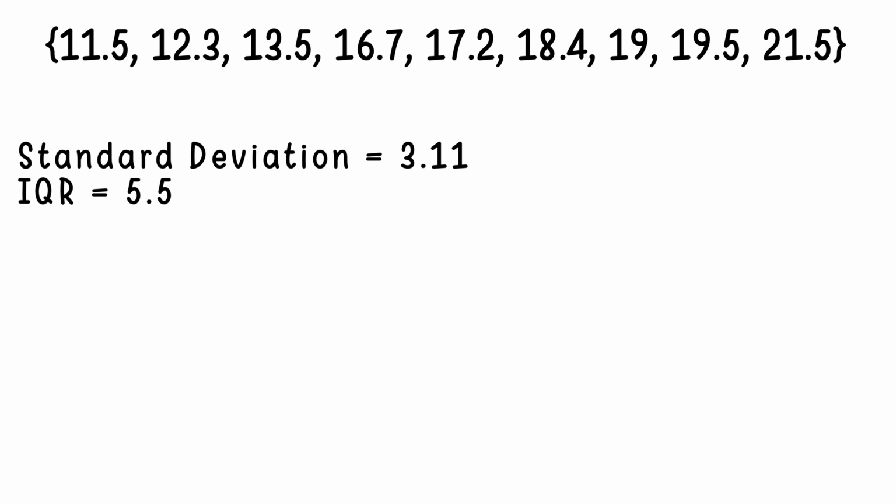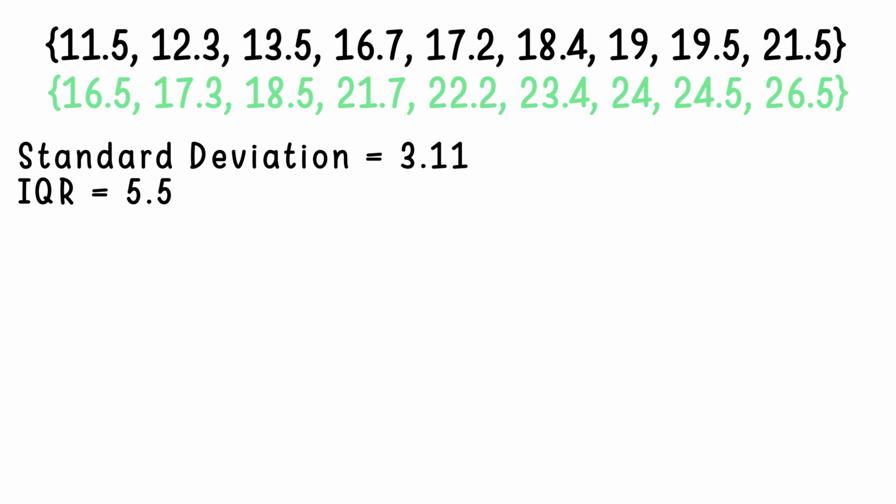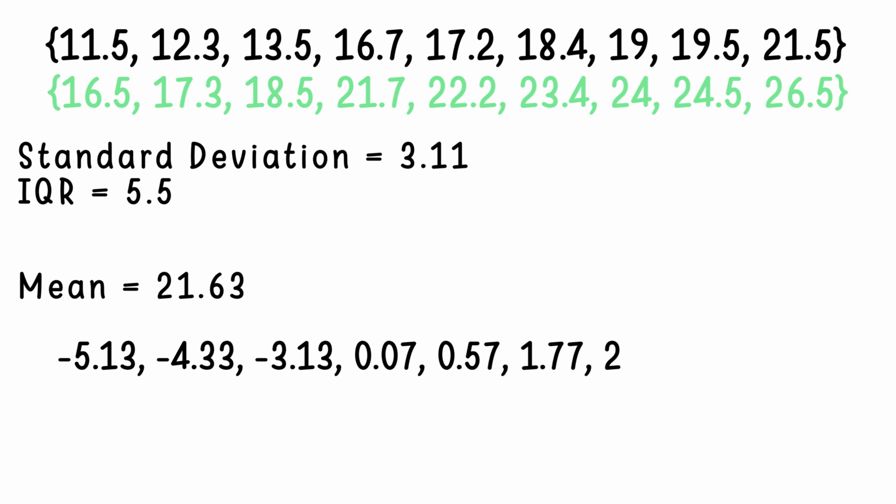We can find out by adding 5 to each data point and finding the new standard deviation and IQR. Adding 5 gives us this set again. To find the standard deviation, we'll start with the mean, and we already know that the mean is 21.62 for this new set because we just looked at it in our last example. When we subtract the mean from each data point, we get the following set.